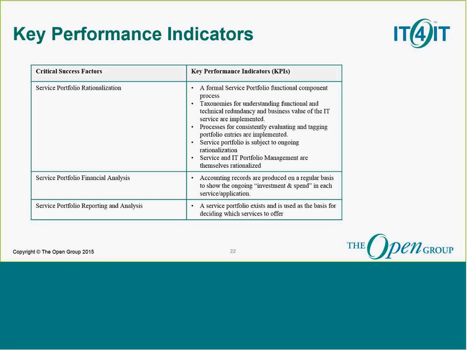You've got a formal service portfolio function, and you've got a process and taxonomies for understanding the functional and technical redundancy and business value of a service. That process is for consistently evaluating portfolio entries. That you do ongoing rationalization. Your service and IT portfolio management are themselves rationalized.